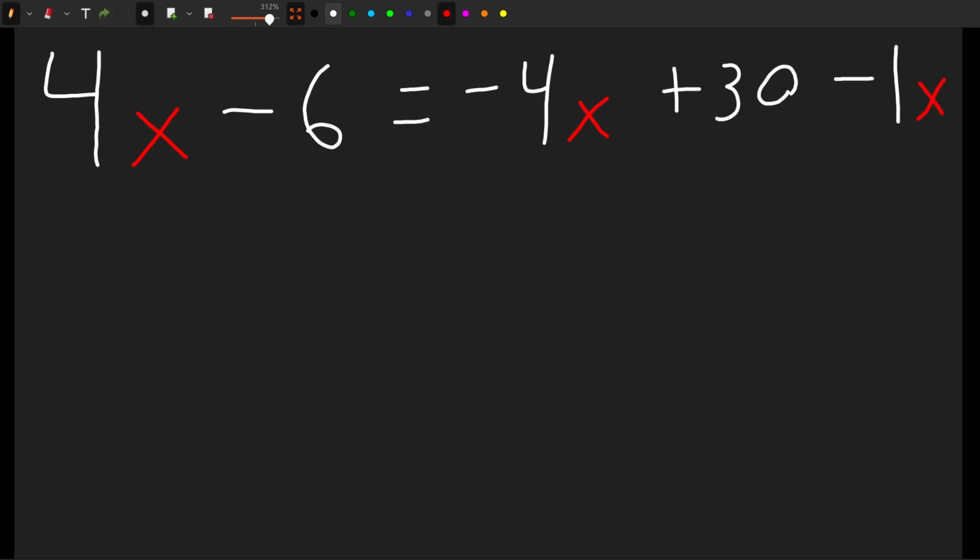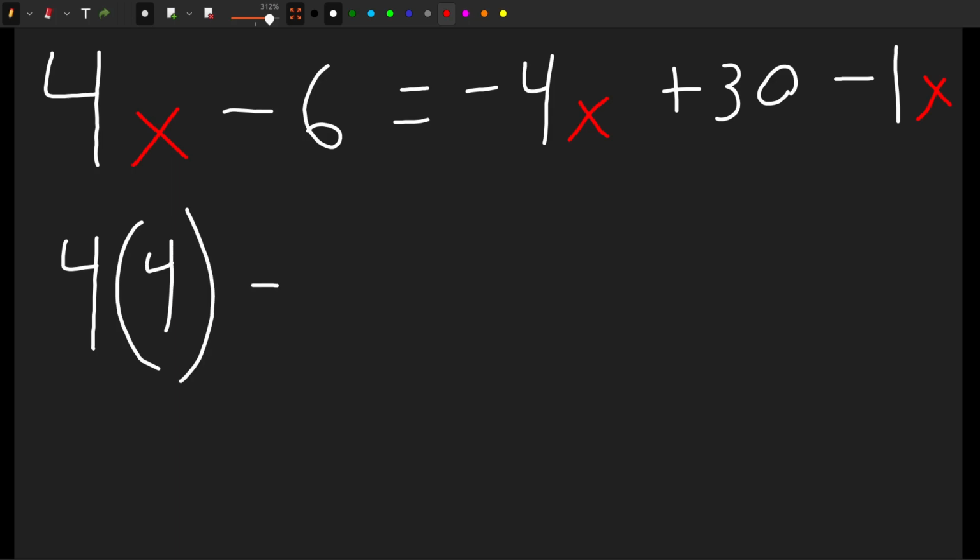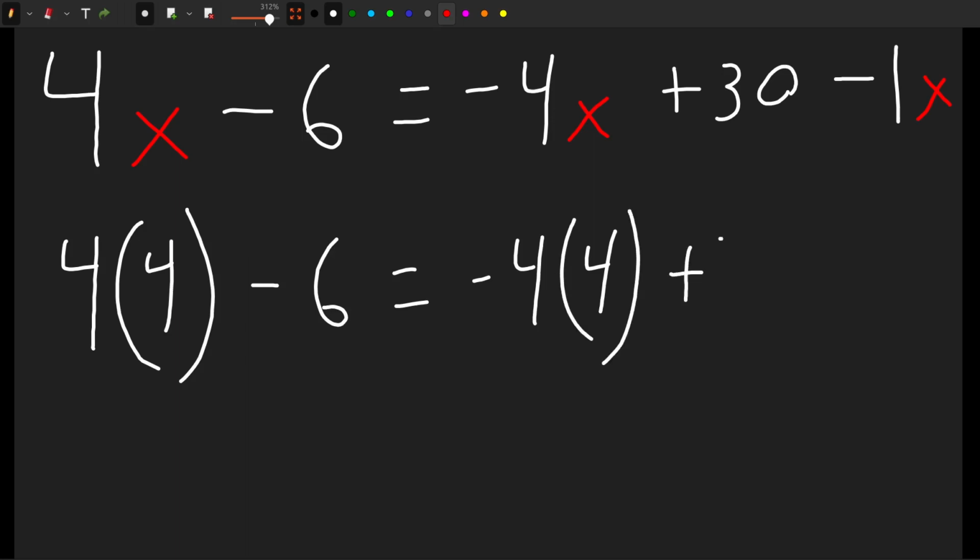Okay. So I know that x is equal to 4, so I'm going to plug in 4 into all of my equation. Into every spot there's an x, so I'm going to have 4. So we'll have 4 times 4 minus 6 is equal to negative 4 times 4 plus 30 minus 1 times 4.